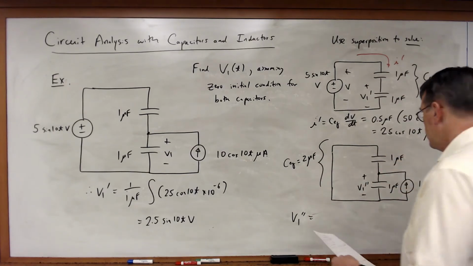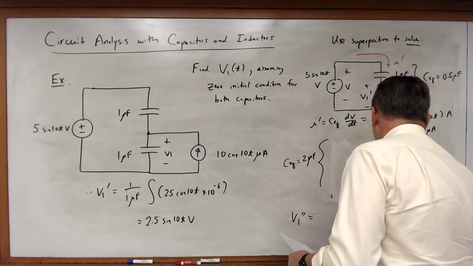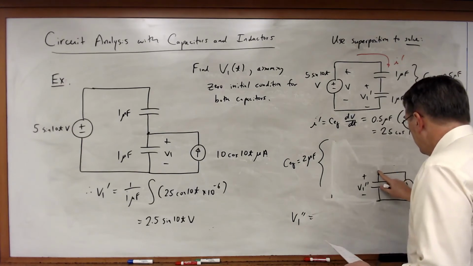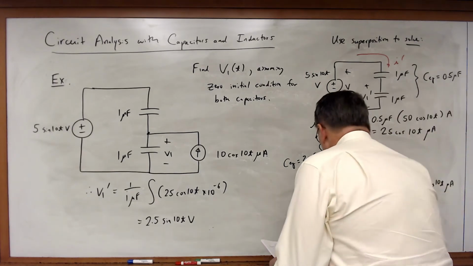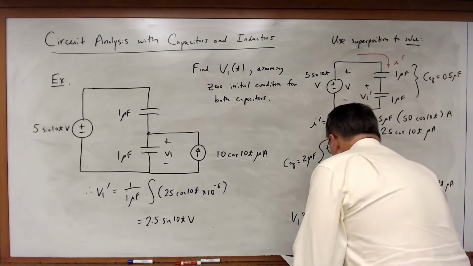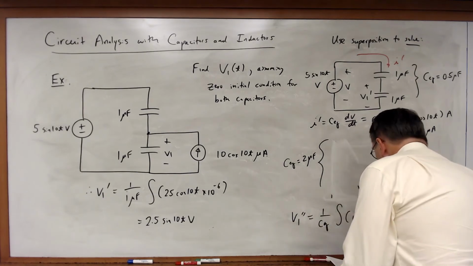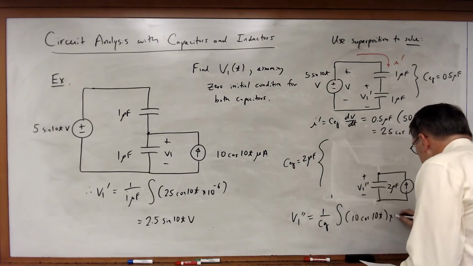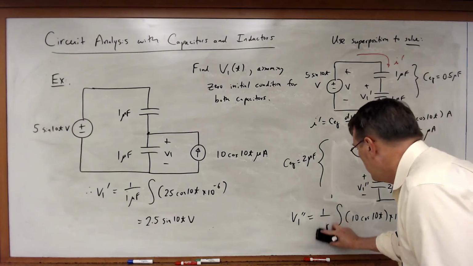And so in this case, this just disappears, and this becomes 2 microfarads with the V1 double prime across it. V1 double prime is going to be equal to 1 over CEQ times the integral of 10 times cosine 10t times 10 to the minus 6, and CEQ is equal to 2 microfarads.